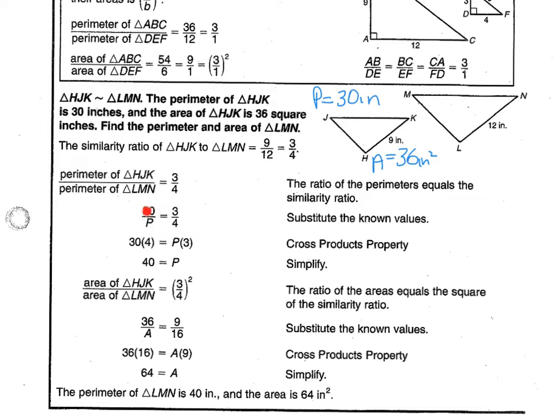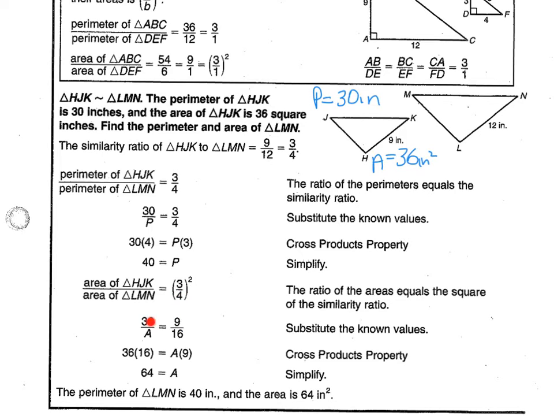We know that the perimeter of the first triangle is 30, but we don't know the perimeter of the second one, so 30 is to P as 3 is to 4. You cross multiply, and you get that the perimeter of the second one is 40. And then for the area, the ratio is the similarity ratio, the perimeter ratio, squared. That is 9 over 16.